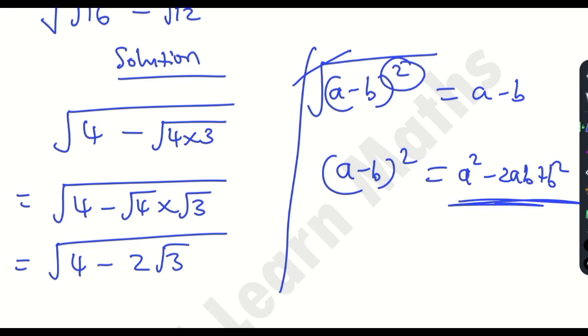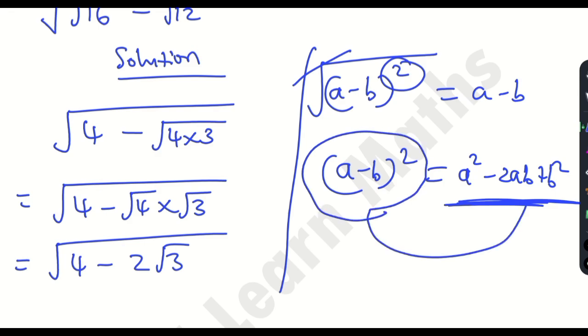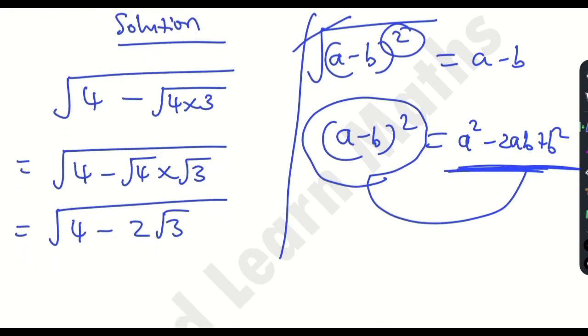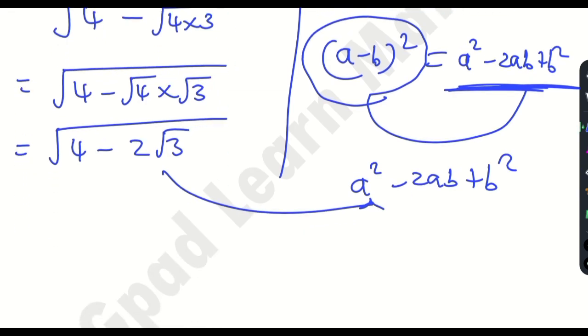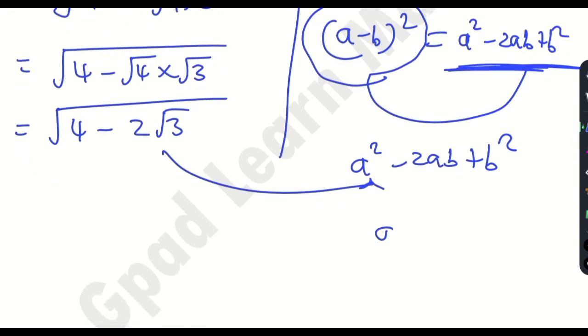So if we have an expression like this and you want to factorize it, you're going to have something like this. Why am I saying all of this? Because looking at this 4 minus 2 root 3, I can in a way make it of this form, a squared minus 2ab plus b squared, so that when I write it in this form, I can rewrite it as a minus b all squared.